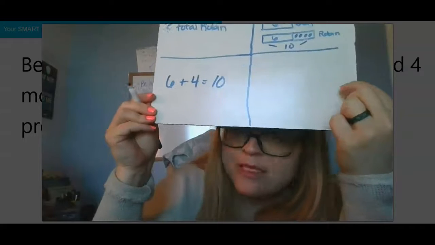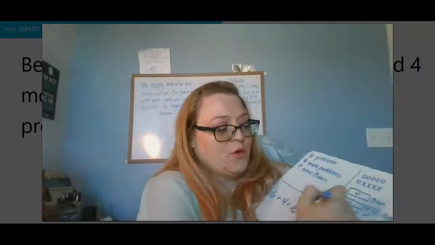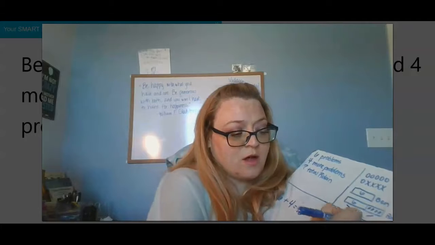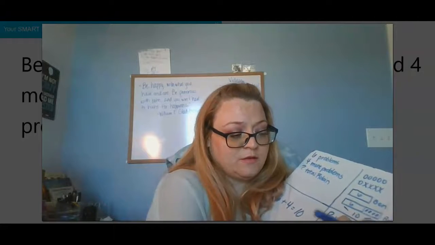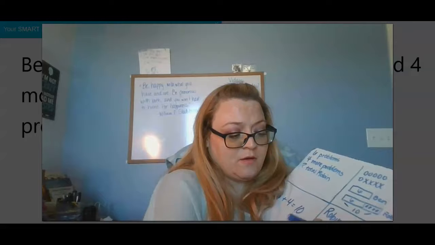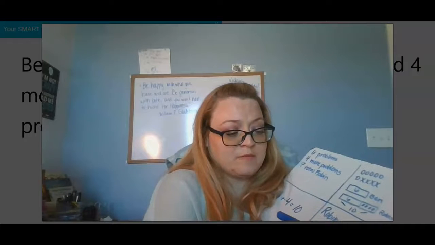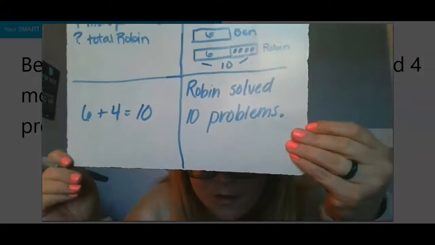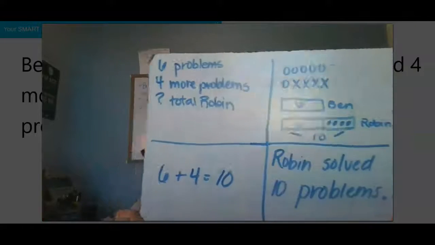How many problems did Robin do? Robin solved 10 problems. And what goes at the end of a sentence? That's right. Robin solved 10 problems.